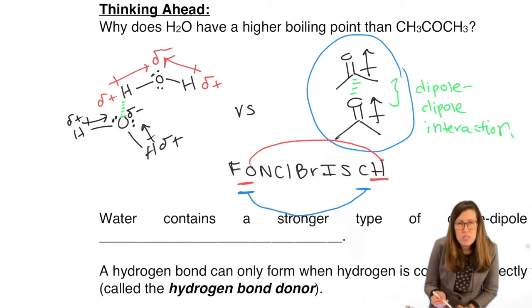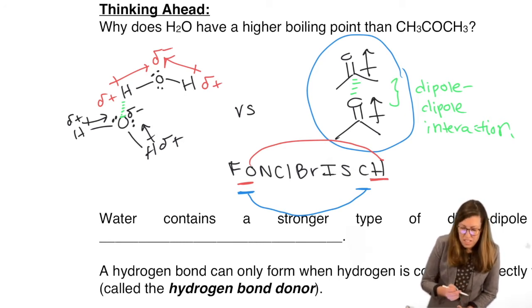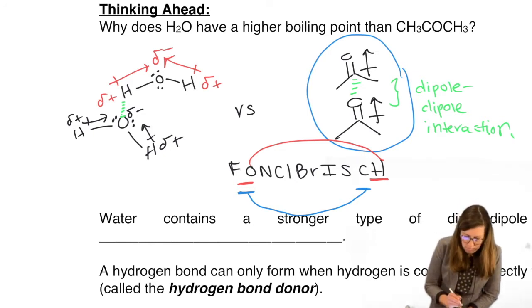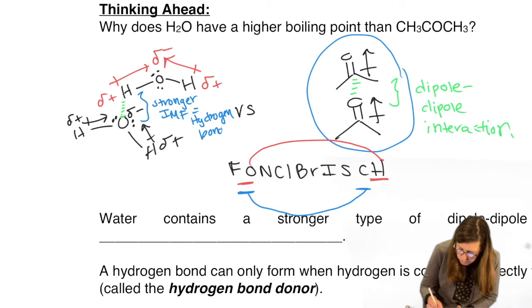And it's so important biologically and in the behavior we see even synthetically that we keep it in its own category. So you got to recognize it when you see it. So this is a stronger attractive force. Hydrogen bonding. It's not a covalent bond.